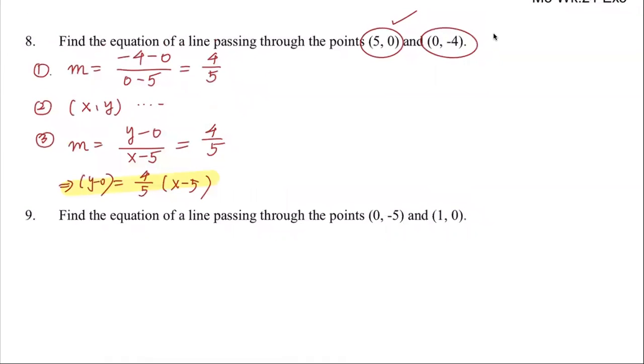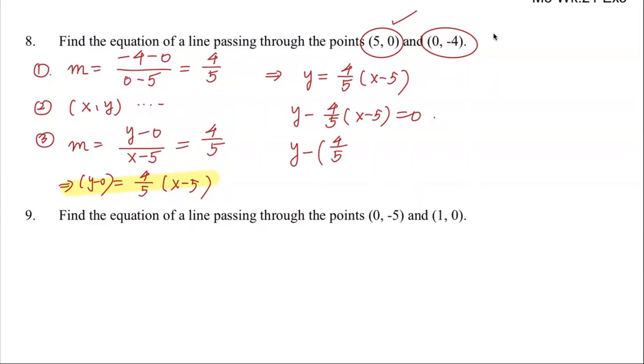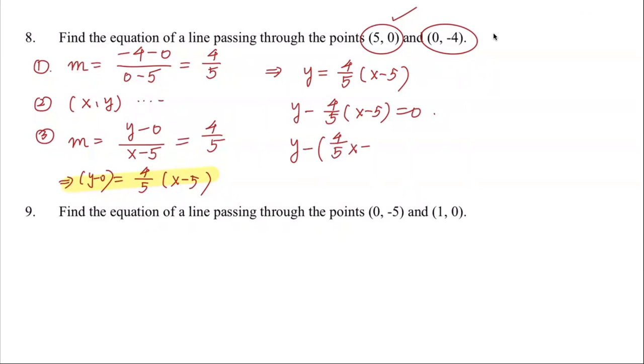Standard form. So we have y is equal to 4 over 5 times x minus 5. We move everything to the left side. y minus 4 over 5 times x minus 5 is equal to 0. Now we open the brackets. y minus, let's factor in the coefficient first. So 4 over 5 times x minus 4 over 5 times 5, that's 4, right? Is equal to 0.